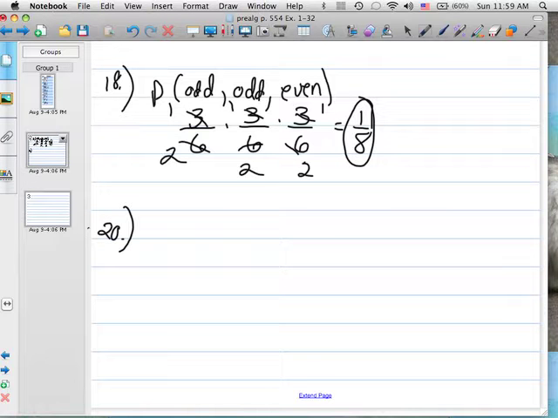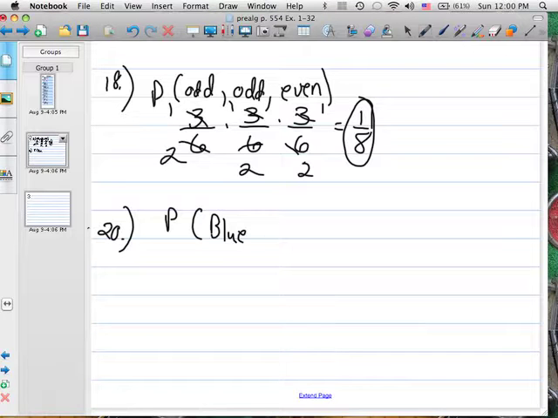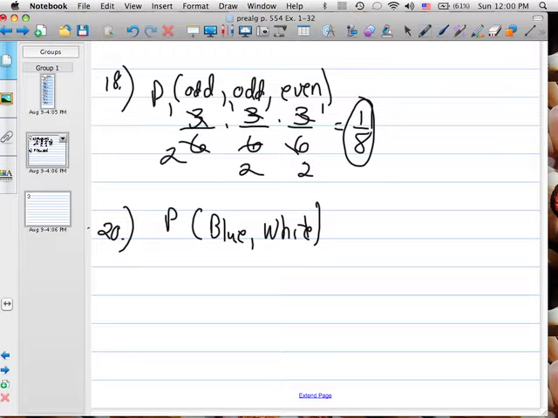Problem number 20. We have a drawer containing 10 white socks, 6 blue. Kayla reaches in the drawer without looking and selects 2 socks, so that's without replacement. So this is dependent. 20, the probability that he selects a blue and then a white. There are 6 blue, and there's a total of 16 socks to start with, but he doesn't put the blue back.